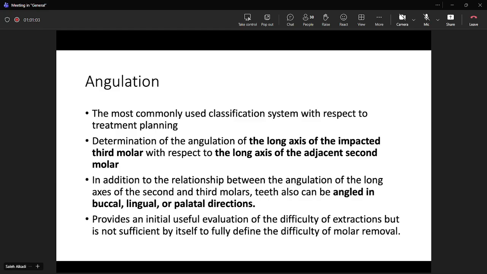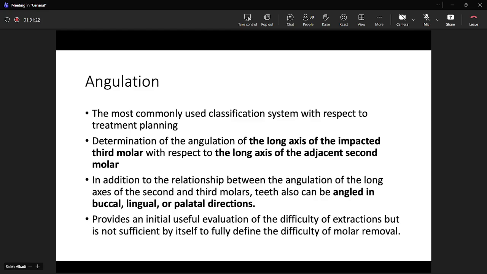So it's called the Winter classification. In order to determine the relationship between the angulation of the long axis of the second molar and third molar, this tooth could have different angles.